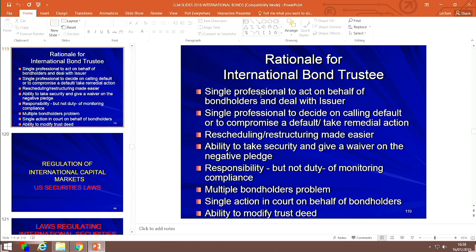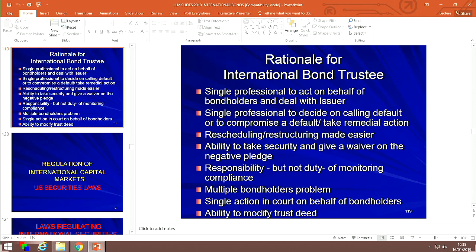The answer is no. If the bondholders do not like what they are seeing, don't forget they've got the extraordinary general resolution power, whereby they can pass a resolution requiring the bond trustee to take action or not to take action. There is a right to override with a 2/3 majority vote. So if restructuring agreed between the issuer and the trustee is unacceptable to a 2/3 majority of bondholders, then of course they will override it.